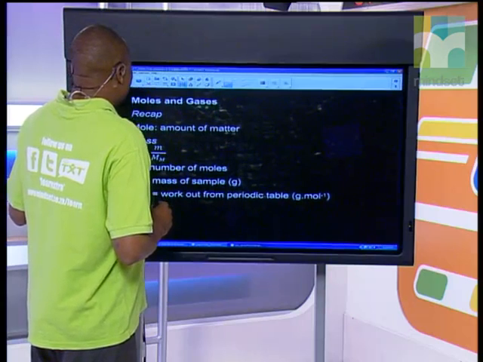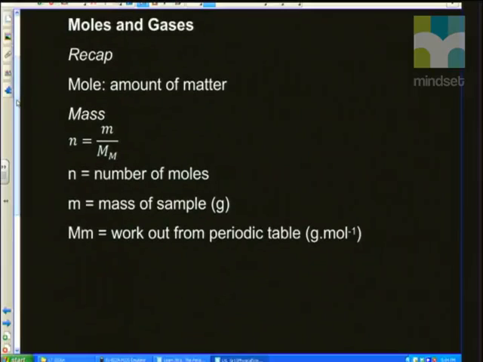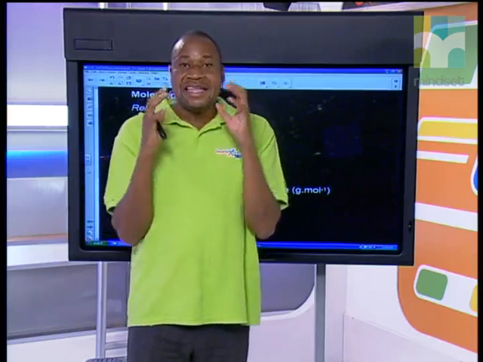Right, now, when we talk of moles, and especially when we're talking around gases, what is a mole? A mole is just an amount of matter. It's this amount of matter that constitutes a specific value, and that amount we call a mole.